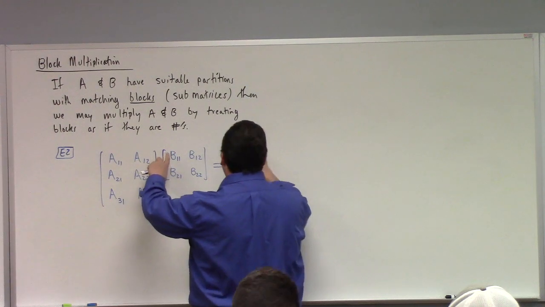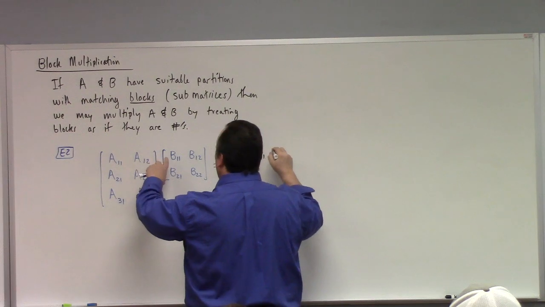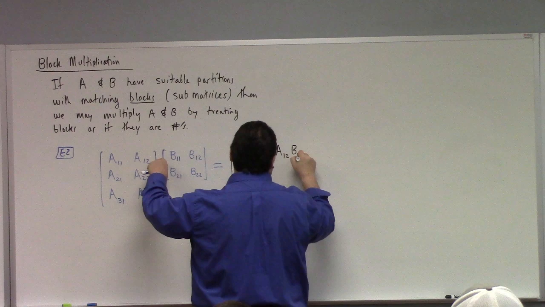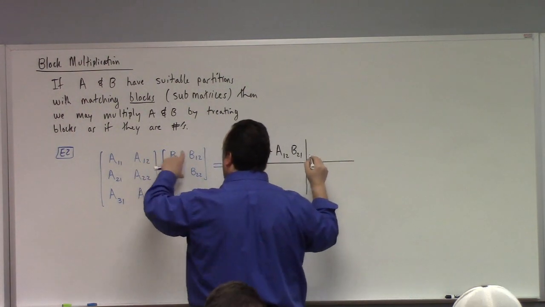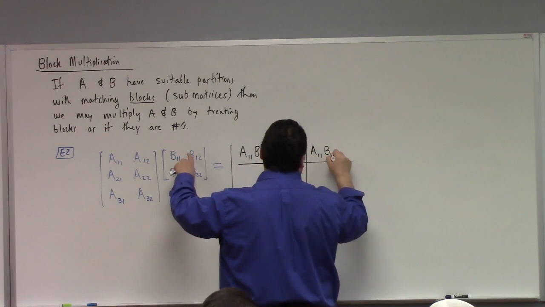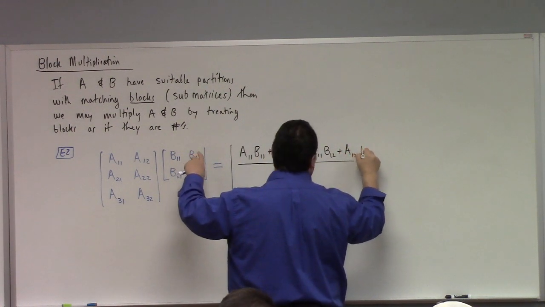So you just do what? You do A11 B11 plus A12 B21, and then A11 B12 plus A12 B22.